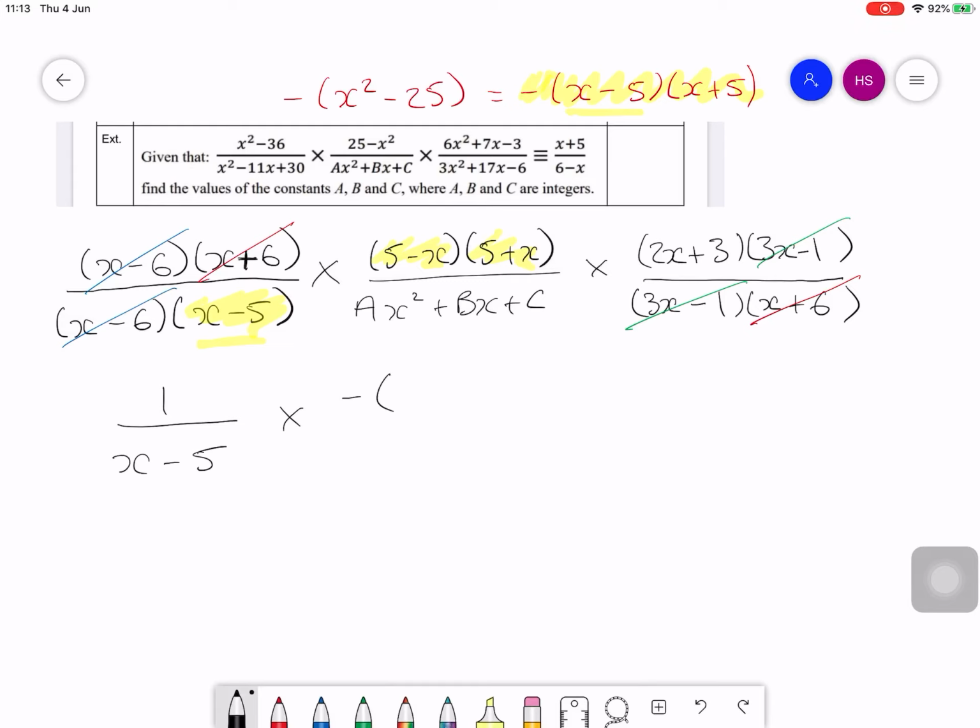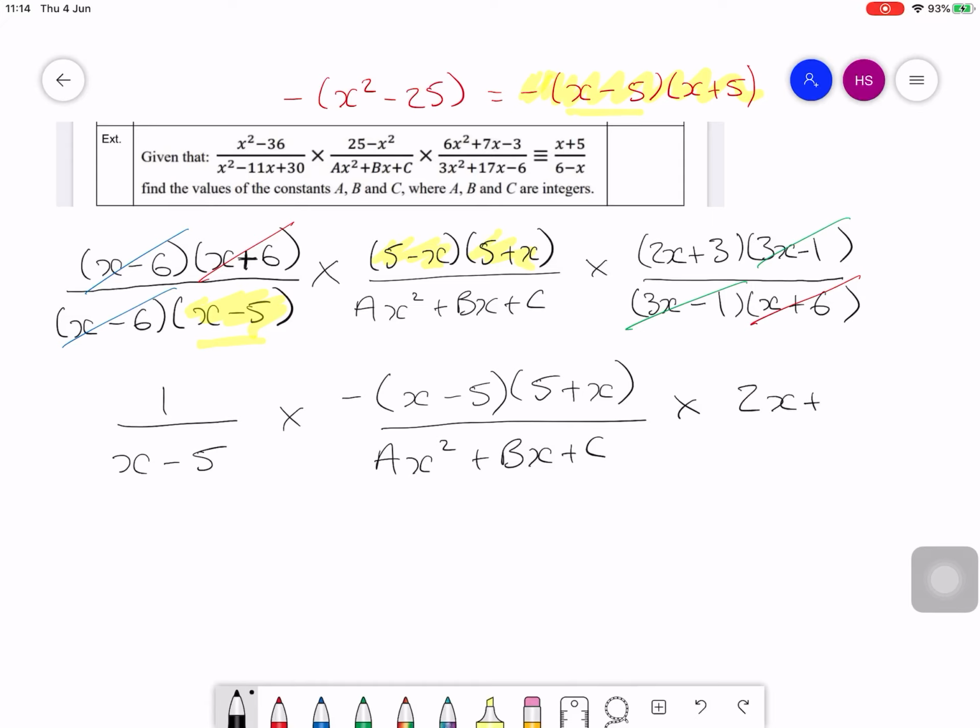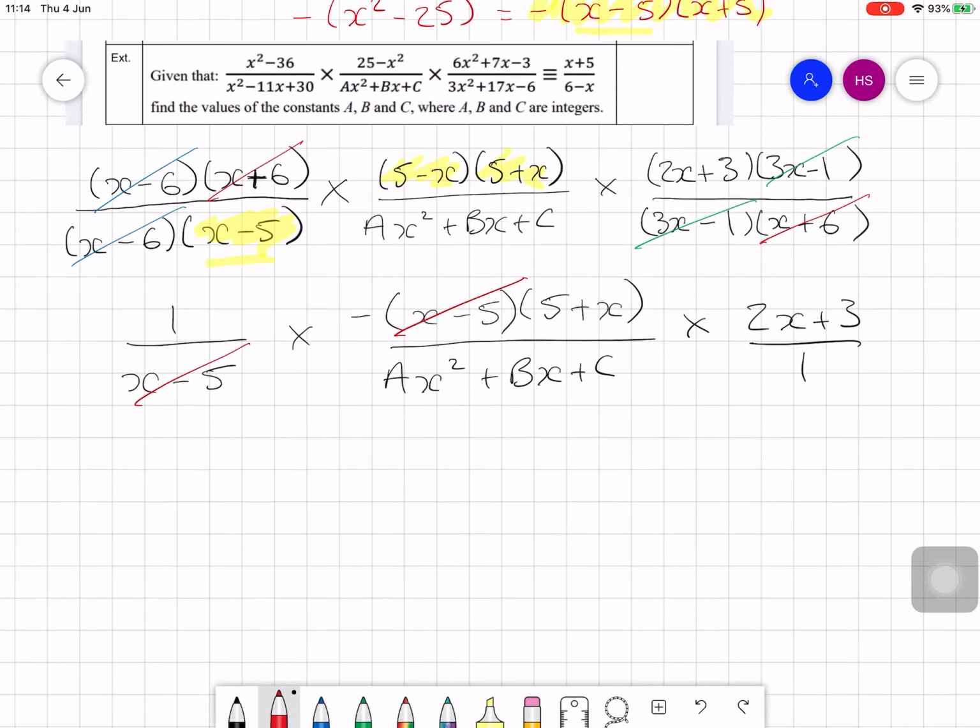So if I take a factor of negative 1 out, then 5 minus x does become x minus 5, and I'll leave the 5 plus x alone. And all I've got is the 2x plus 3, so I could write that as 2x plus 3 over 1 just to keep it as a fraction. You don't have to. Okay, so now I have clearly shown that they do cancel.